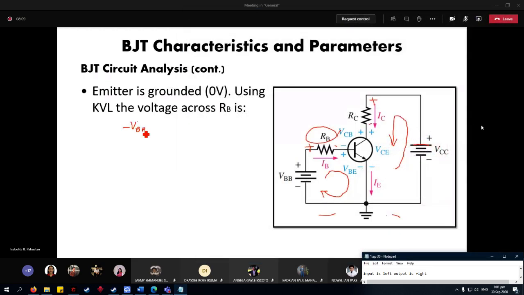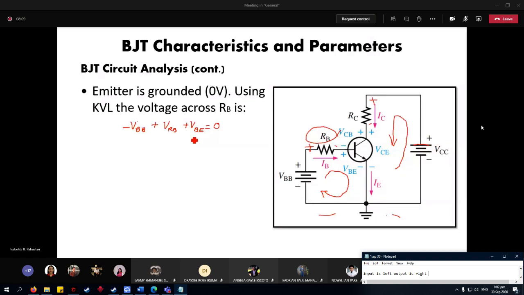Okay? So, negative VBB plus the voltage across RB plus VBE. Okay? Equal to 0.